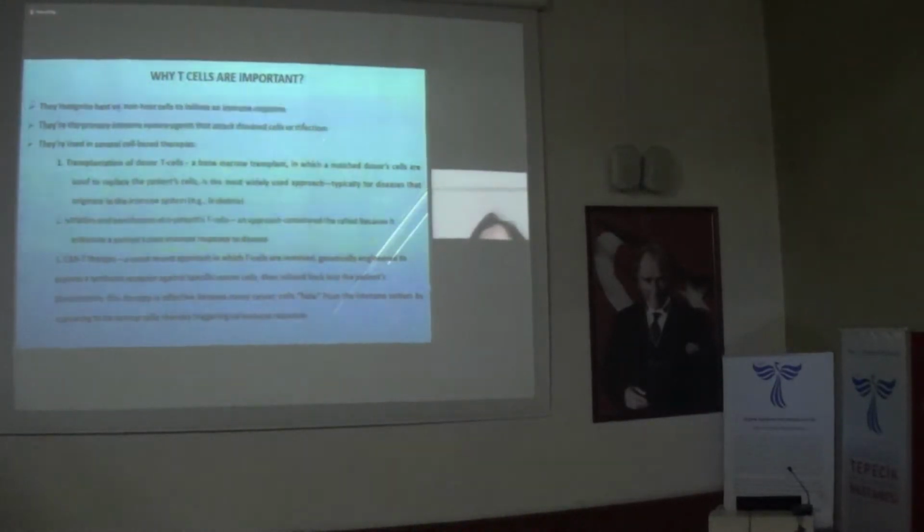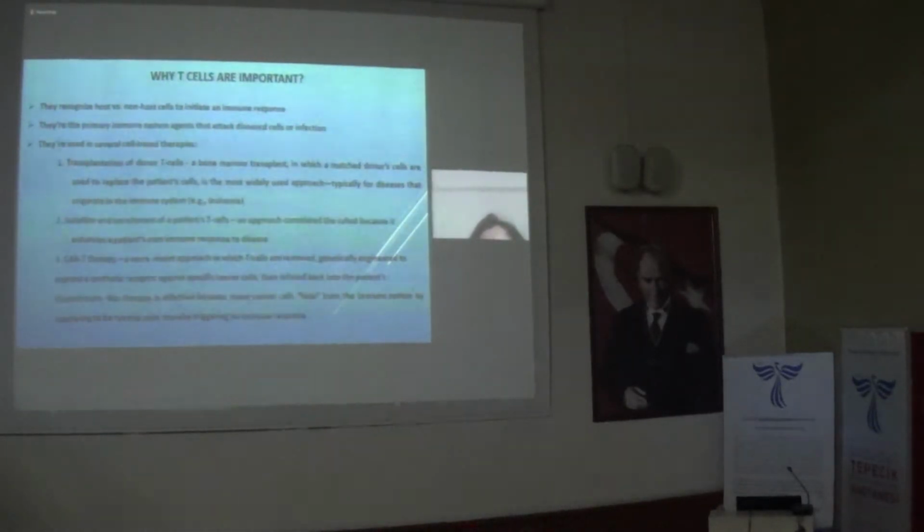So these T cells are involved in the transplantation of donor cells, a bone marrow transplant in which matched cells are used to replace the patient cells, which is the most widely used approach, typically for cancers originating in the immune system, that is leukemia. The isolation and enrichment of patients' T cells is an approach considered the safest therapy, which enhances the patient's own immune responses to the disease.